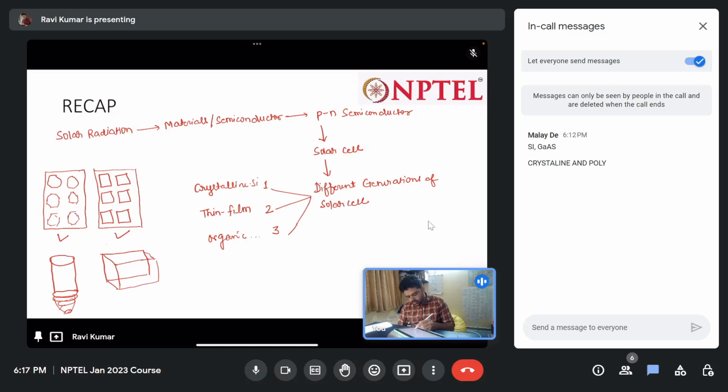If we cut this part like this, which shape will we get? Square shape. And if we cut the circular one, what shape will we get? Circular. So here we get a circular shape, here we get somewhat rectangular. This is our polycrystalline and this is our monocrystalline.